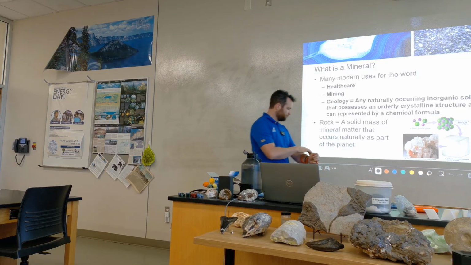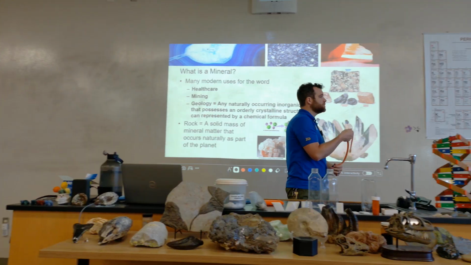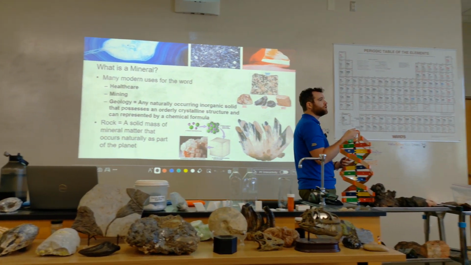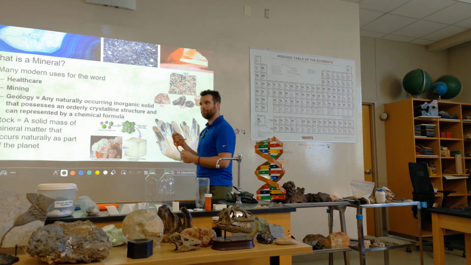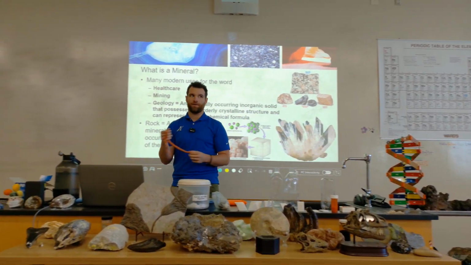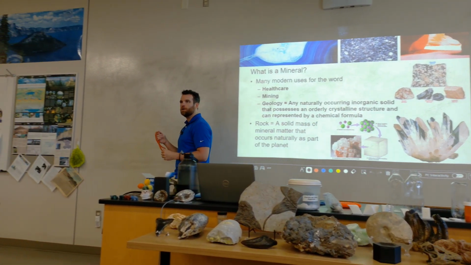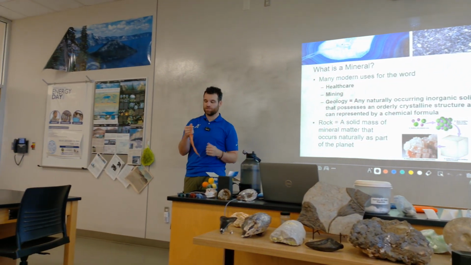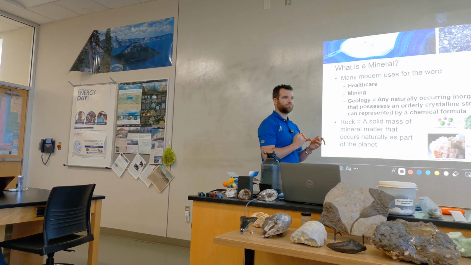Any naturally occurring inorganic solid that possesses an orderly crystalline structure and can be represented by a chemical formula. That is the definition of a mineral. I'll say it again. Any naturally occurring inorganic solid that possesses an orderly crystalline structure and can be represented by a chemical formula.